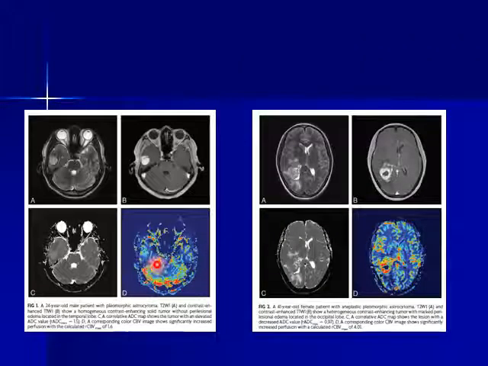These are examples of the anaplastic PXA. Okay, this is the ordinary one, just a nodule like this, and this is the anaplastic pleomorphic xanthoastrocytoma. As you see, it is more heterogeneous and even shows increased perfusion compared to the low perfusion of the benign type of PXA.